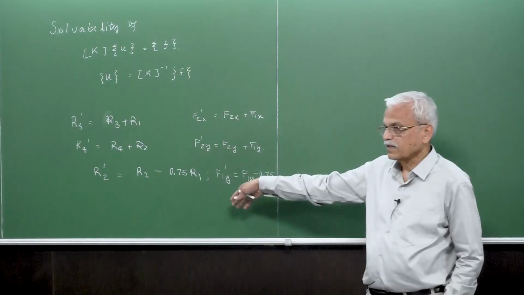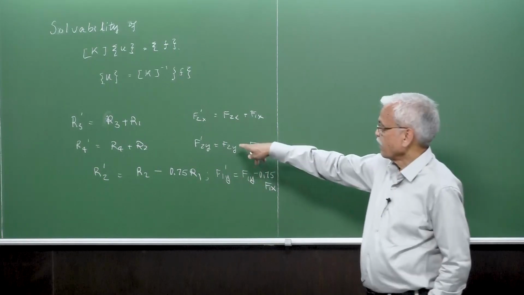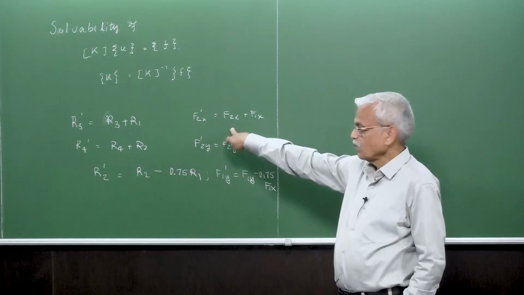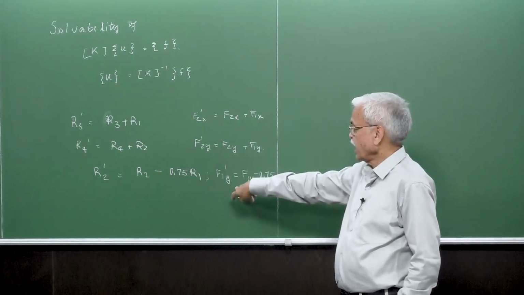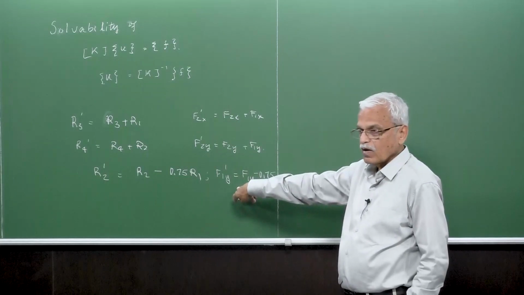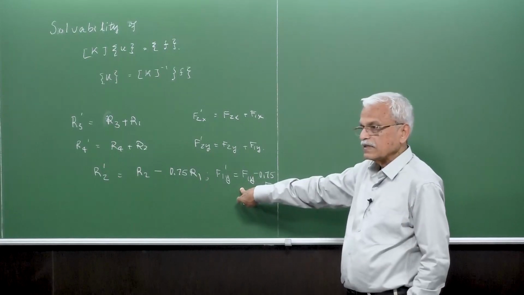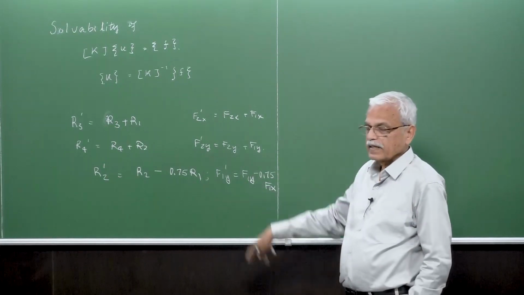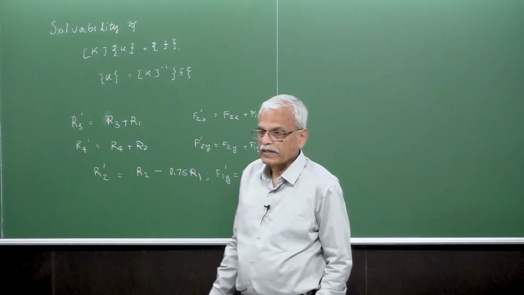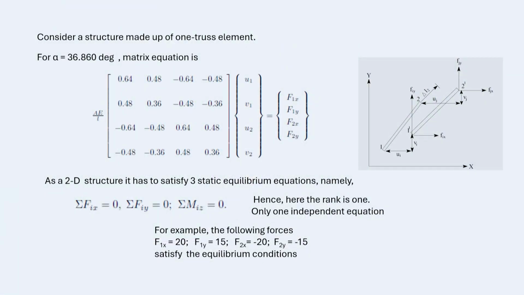These relationships are nothing but: sum of the forces in the x direction is 0, sum of the forces in the y direction is 0, and sum of the moments of all the forces about a point is 0. Here it is node 1, but it can be any other point also. You can immediately see that the row operations of the augmented matrix have a direct meaning from the physics.